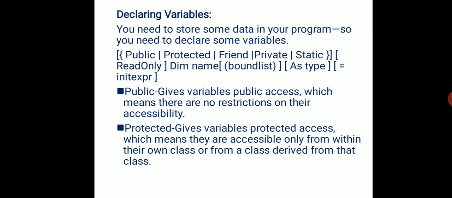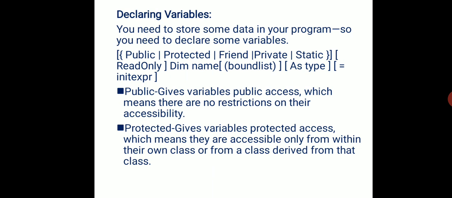So dim is a keyword. It should always be there while declaring a variable. So your variable may be public, protected, friend, private, static, or maybe read only. So what is public?